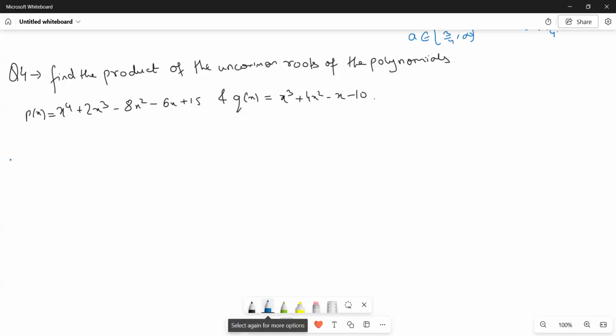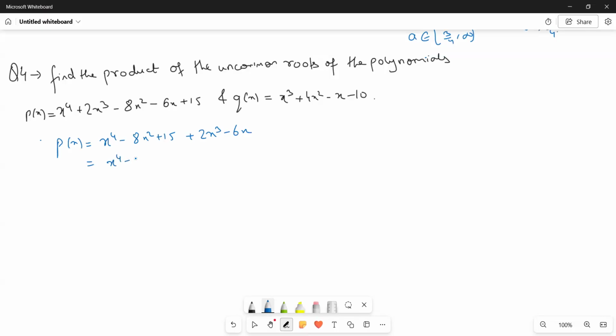So method of solving. We take the first polynomial P(x). P(x) can be written as x power 4 minus 8x squared plus 15 plus 2x cubed minus 6x. थोड़ा सा rearrange करते हैं, because these three terms can be middle term factorized.